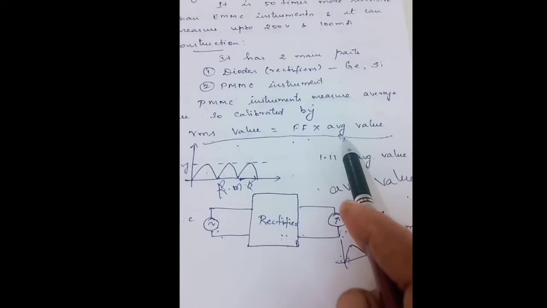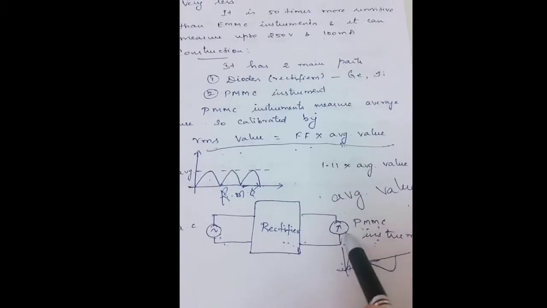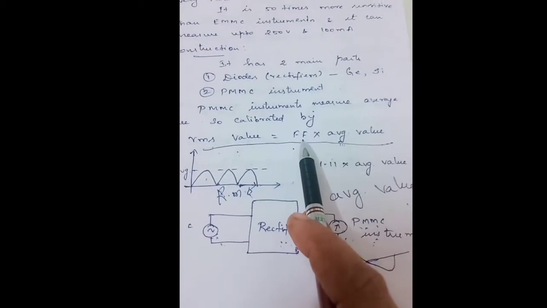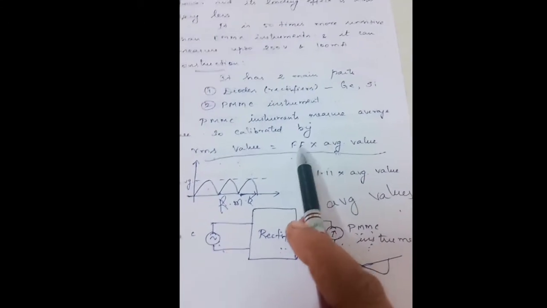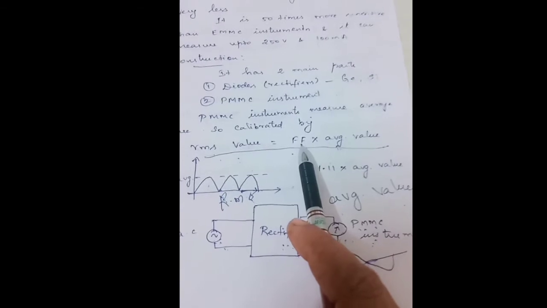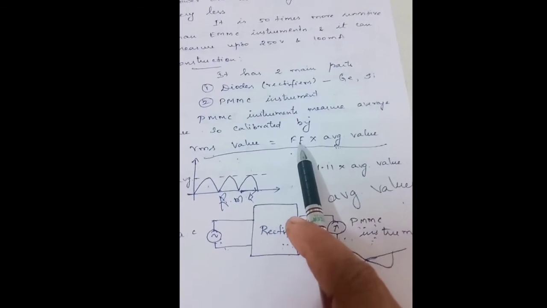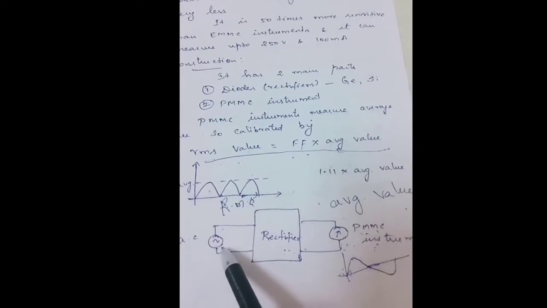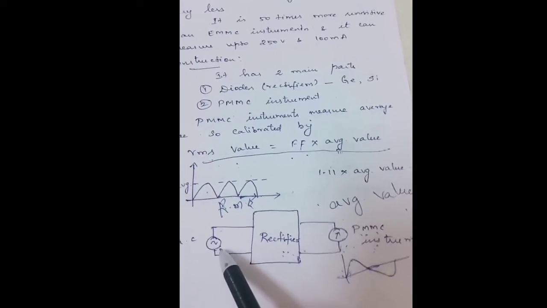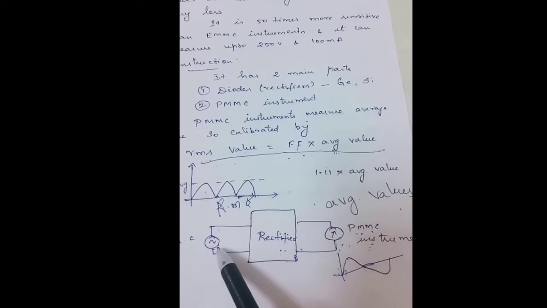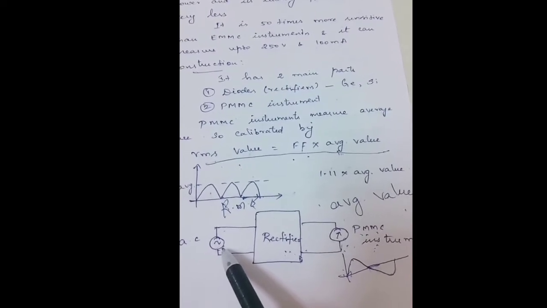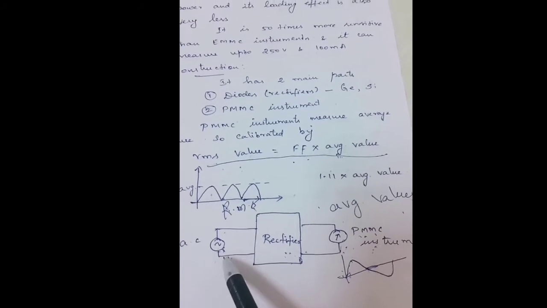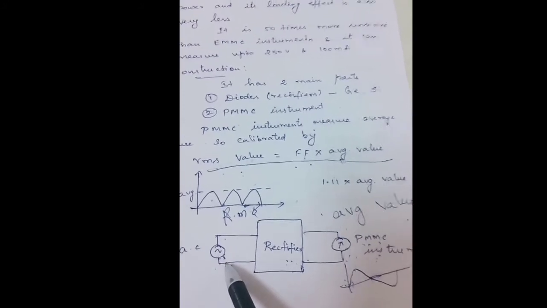So before measuring, we need to calibrate this PMMC instrument, and for calibration we need to find this form factor value. The form factor varies for every type of waveform entering here. There are various waveforms available in AC circuits. It may be sinusoidal, triangular, pulsating. Likewise, there are various types of waveforms in AC circuits.